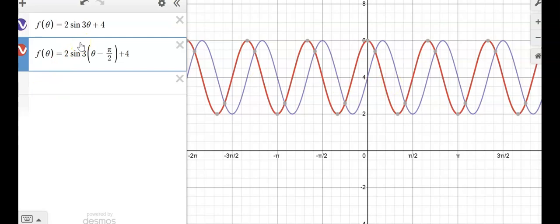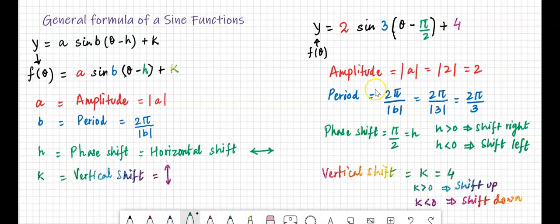And this is how we graph all the functions, when we have the value of a, which is the amplitude, the value of b, which is the period, the value of h, which is the phase shift or horizontal shift, and the value of k, which is the vertical shift. And this k also tells us the midline.